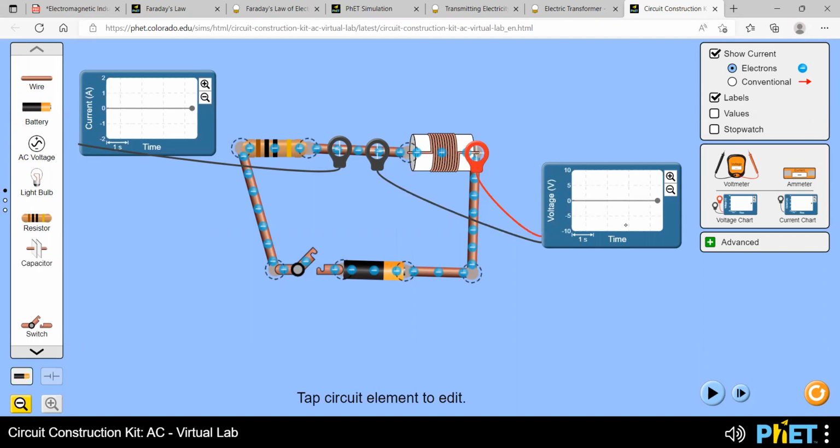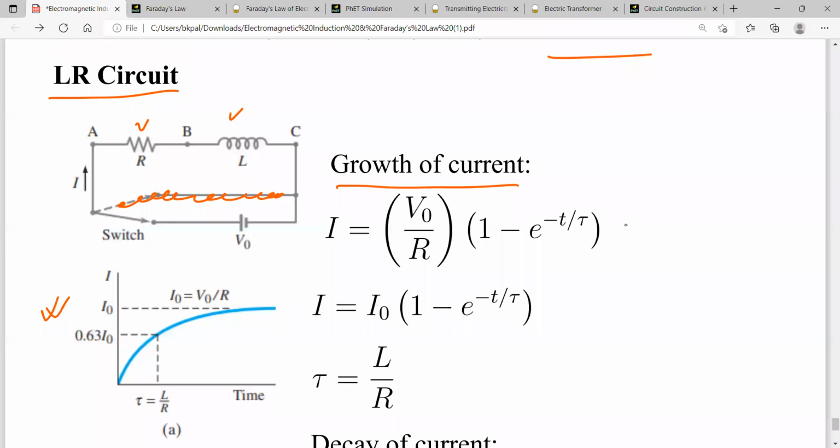So you see that the current is growing. And similar to the charging, you can show that the growth of a current is this: I equal to I0 times 1 minus e to the power minus t over tau.